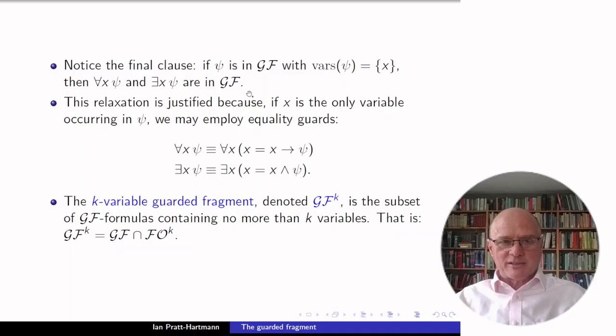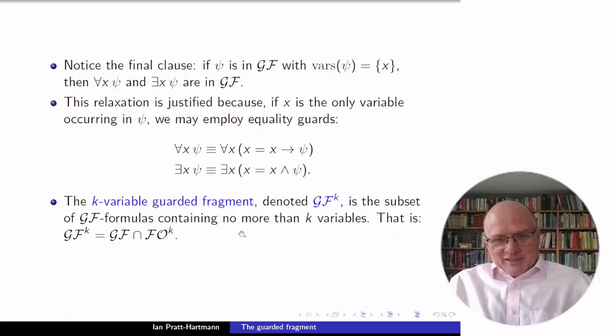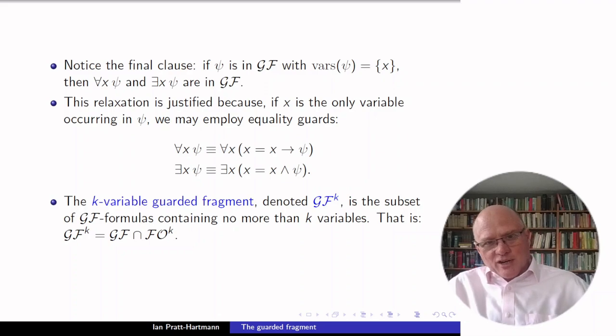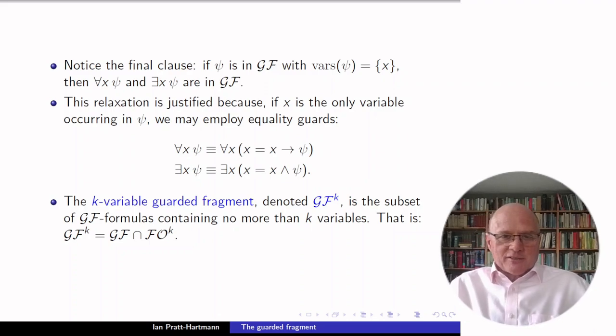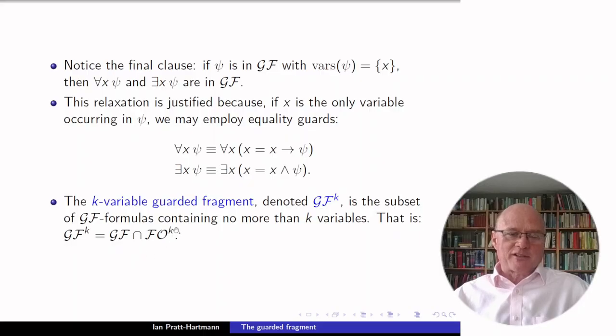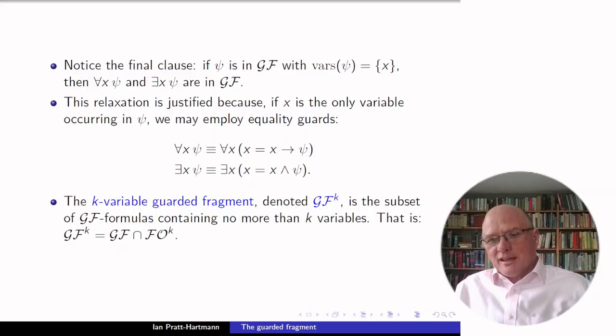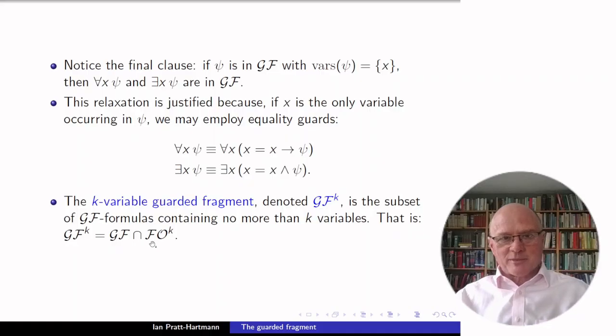We might as well have it anyway. If we restrict ourselves in addition to just k variables, then we have the k-variable guarded fragment, which I'll denote GF with superscript k. It is simply the intersection of the guarded fragment and the k-variable fragment of first order logic. So it's like the guarded fragment, but we only allow variables x1, x2 and so on up to xk. So we have a sub-fragment here.